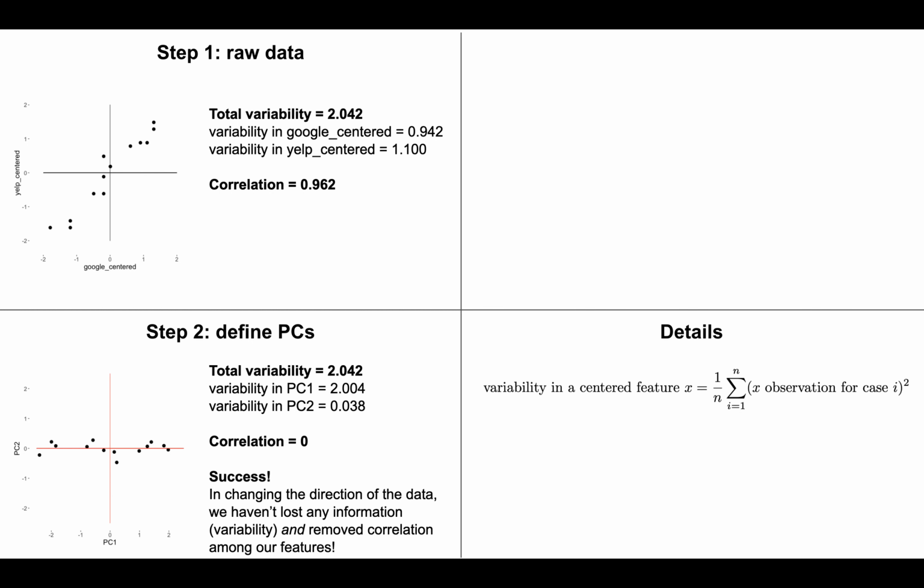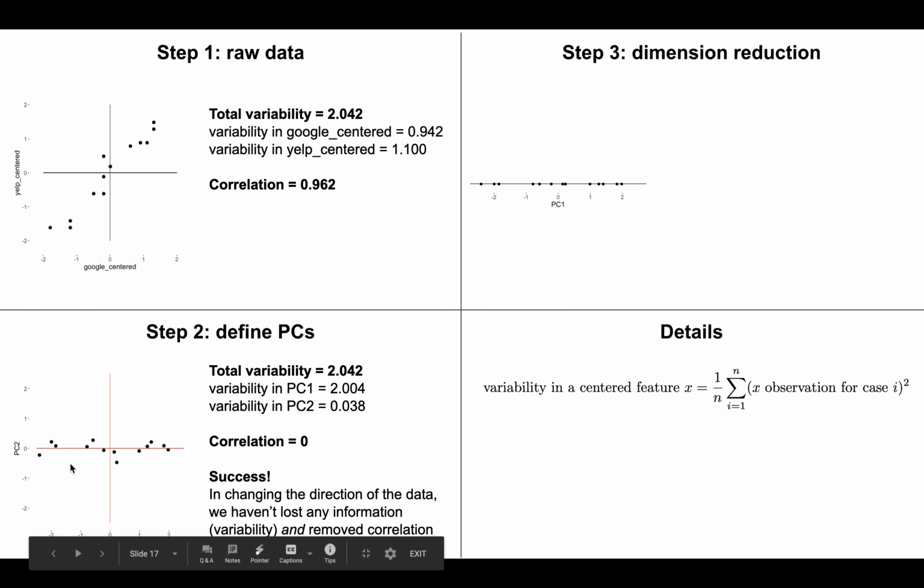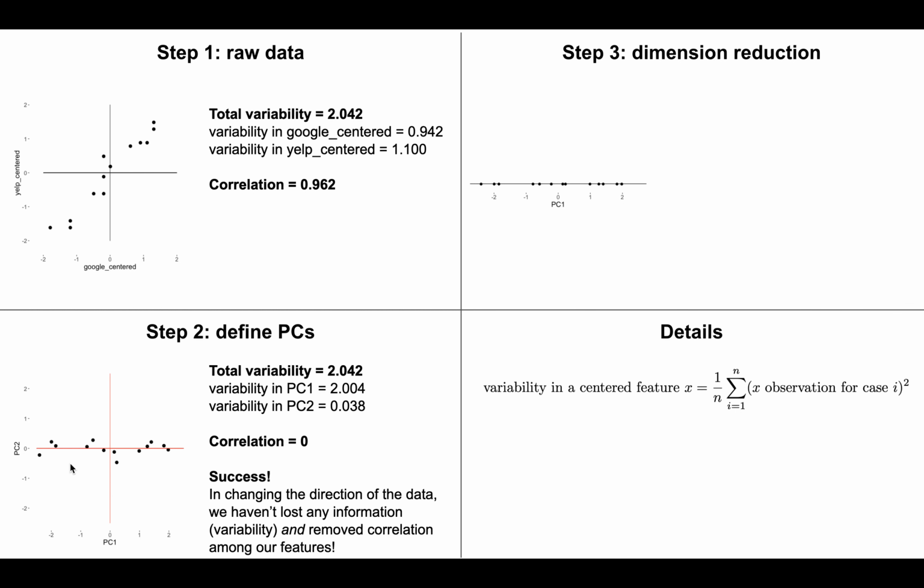We can take our success one step further to perform dimension reduction. Given that the majority of the variability in our transformed dataset is explained by this first principal component, or in this direction, then we can consider kicking out the second principal component altogether and just retain the information on the first.